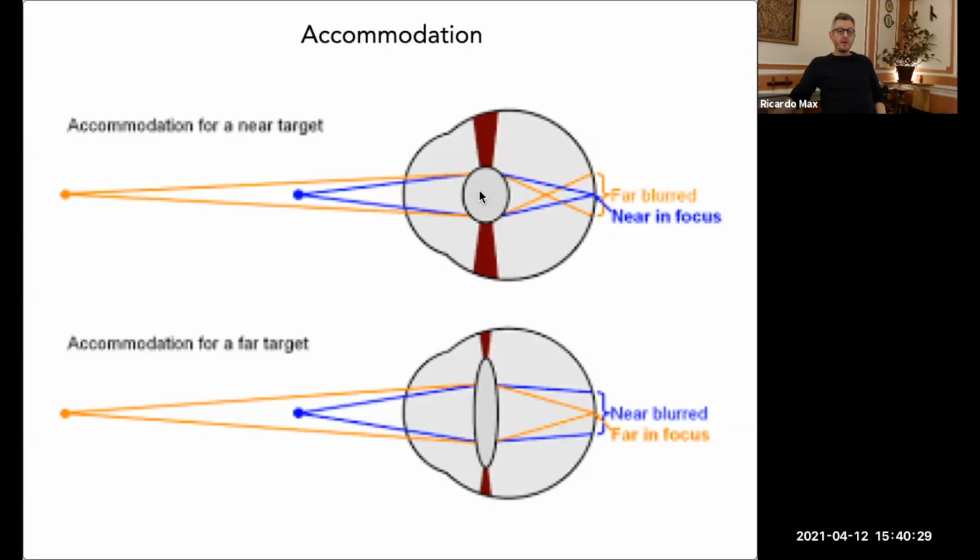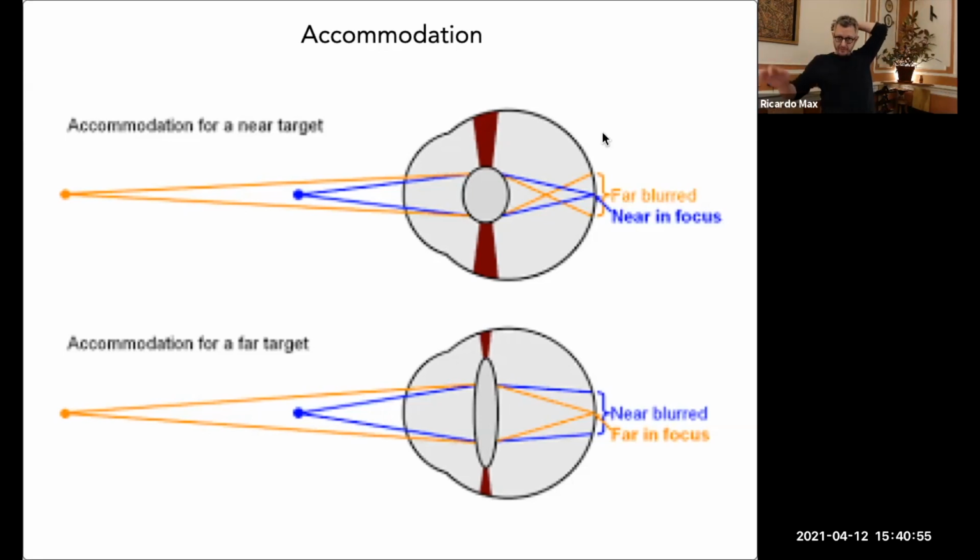So people with myopia, nearsightedness, have a problem in the system and the focus falls away from the retina. That's why people like me use corrected lenses. Hyperopia, farsightedness, is the opposite. They can focus easily on close things, but not on far things.